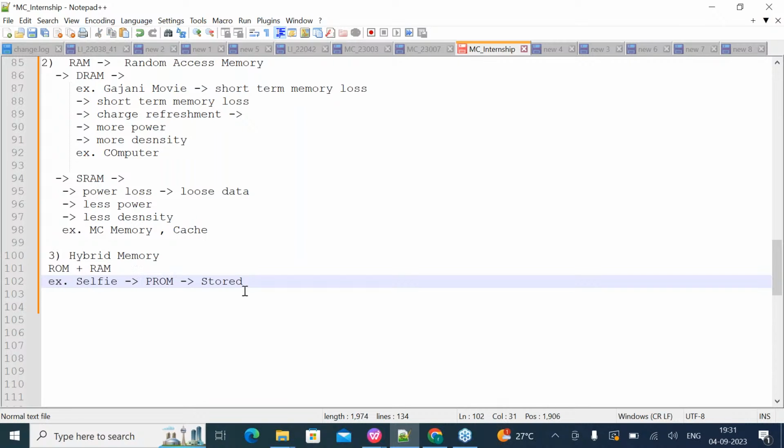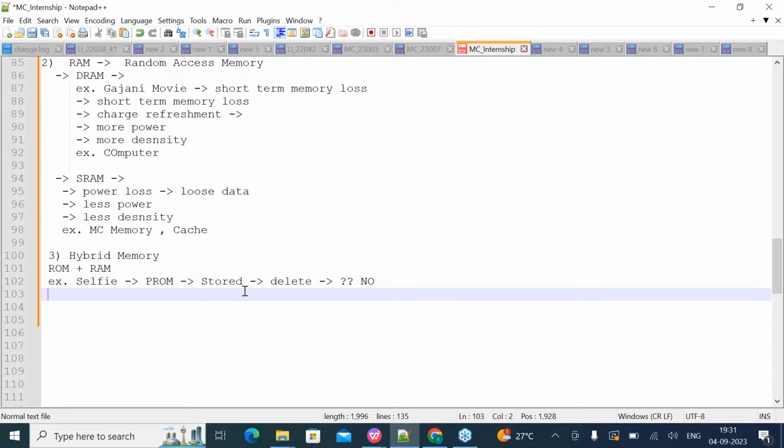I want to erase it. So can I do that? It's not possible in case of PROM. It is just one-time programmable. Once you have written it, can you reprogram it? Can you delete it? No. So it is permanent. It is stored there.